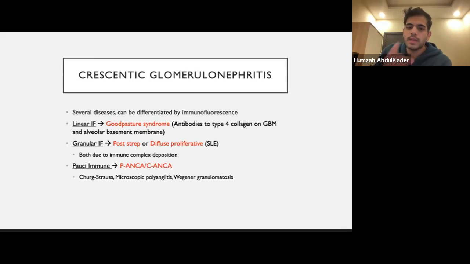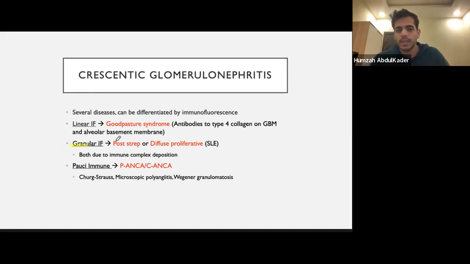Now the difference in granular is, for granular immunofluorescence, that means there's some kind of immune complex deposition. When immune complexes deposit, they don't deposit in a linear fashion. They'll deposit anywhere, and so on immunofluorescence you'll see that starry sky, lumpy, bumpy appearance. That is pathognomonic for granular immunofluorescence.